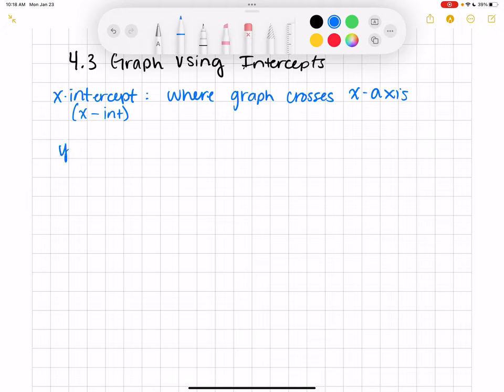And then the y-intercept, and similarly I'll write it as y-int a lot, is where the graph crosses the y-axis.